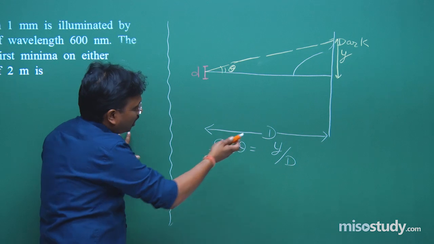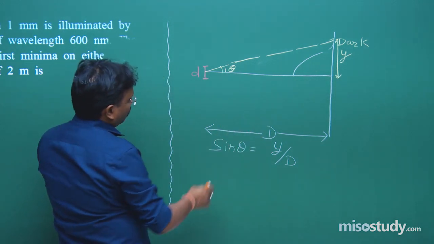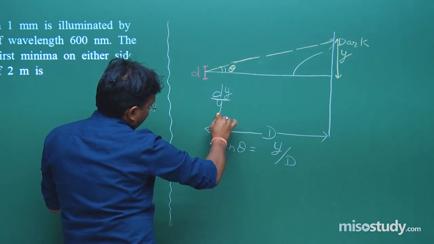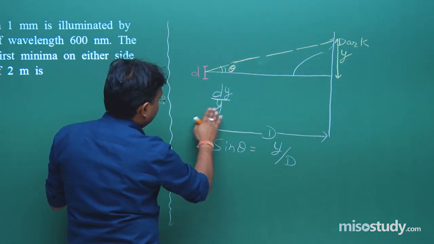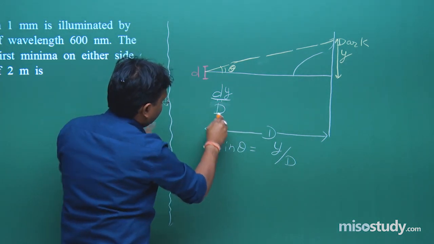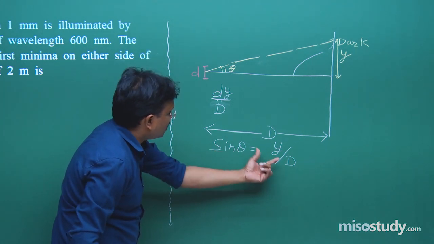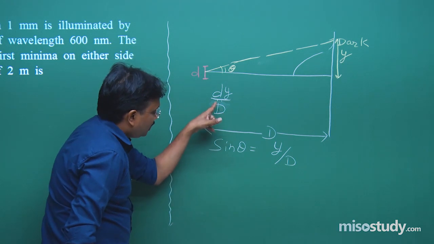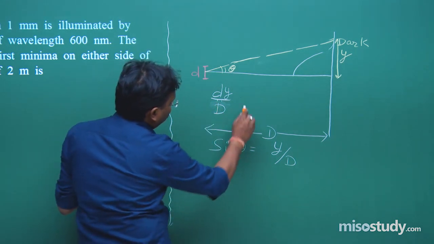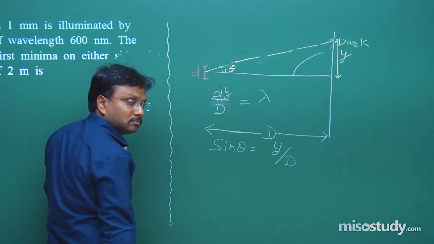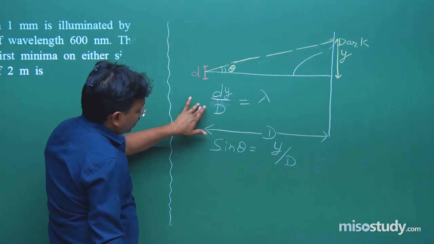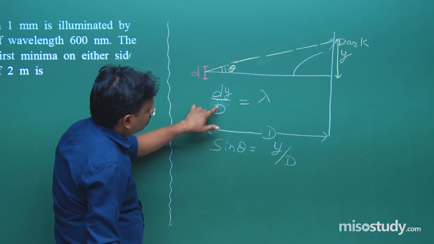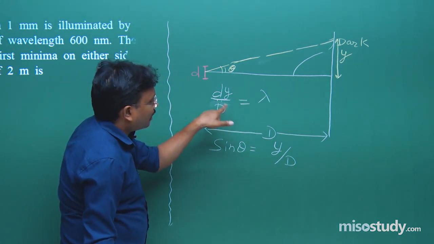I hope you all are comfortable with this. So, dy by D, from this relation, minute change, because capital D is going to remain fixed, it is constant. So, dy by D is equal to lambda. Okay. Now, here the values are given in this manner, that y is equal to lambda D by d.